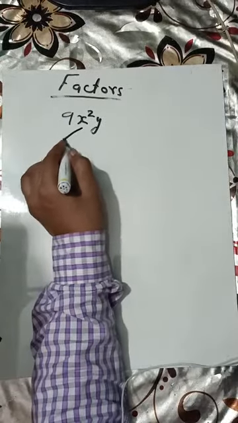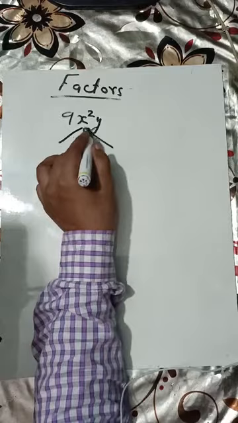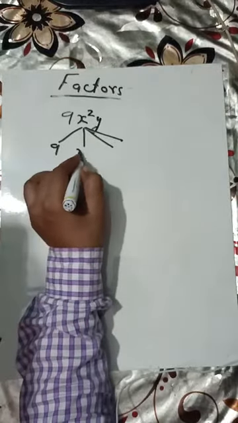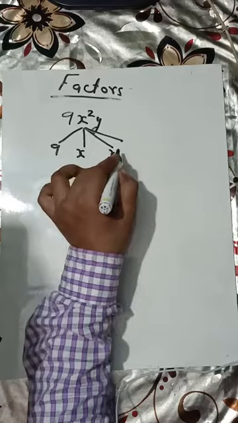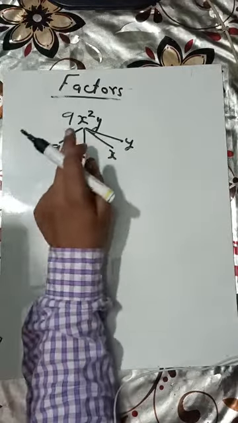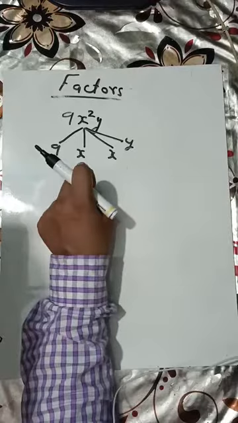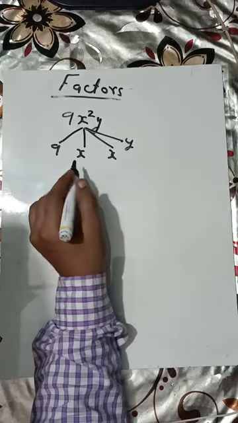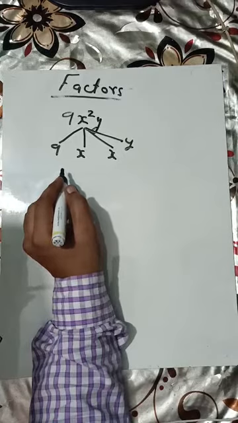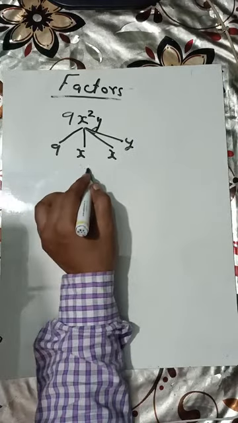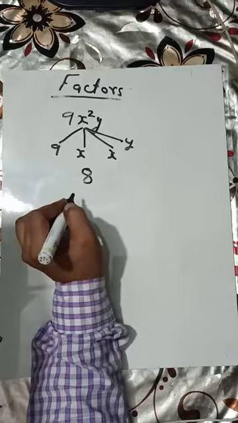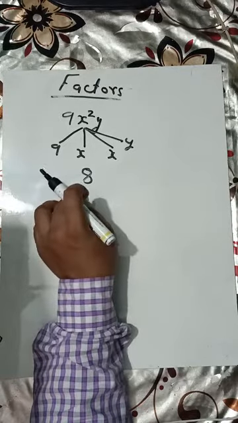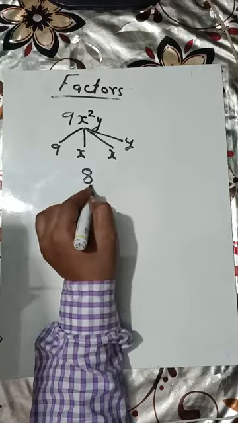Now if I have to find the factors of this term, let's look at it. This is made up of 4 things: one is 9, then x square, which is x multiplied by x, and then y. So the factors of this are 9, x, x and y. Likewise, we can do questions based on factors. Let me take one more example. If you have written simply 8, it has only one factor, so this number is itself a factor.